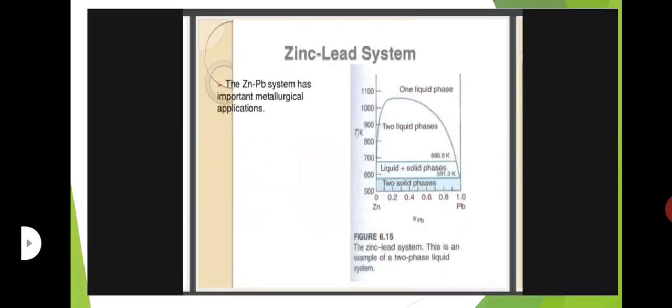Okay, here zinc lead system, ZnPb system. The ZnPb system has important metallurgical applications. Okay, here we are showing a figure. The zinc lead system is an example of a two-phase liquid system.